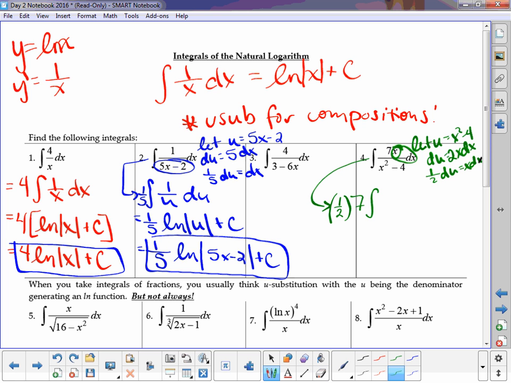And x squared minus 4 is just u. Alright, and now it's a much easier integral to work with. So 7/2, antiderivative of 1 over u is natural log of the absolute value of u plus c. So we have 7/2 natural log of the absolute value of x squared minus 4 plus c. And that's your final answer.